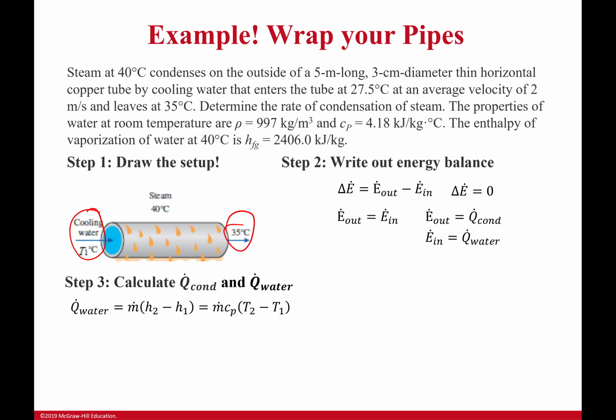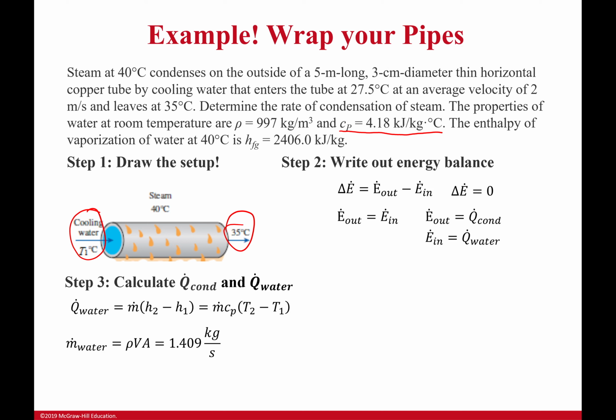Now, it also gives me a specific heat, which means I can use it. Nice. And we're assuming constant specific heats. So h2 and h1 just turn into constant specific heat, constant pressure, times temperature 2 minus temperature 1. And as a note, you don't actually have to convert those temperatures because temperature difference in Celsius is the same as temperature difference in Kelvin.